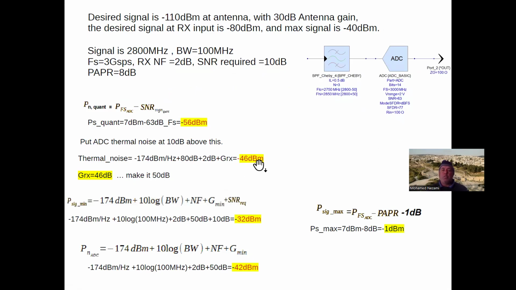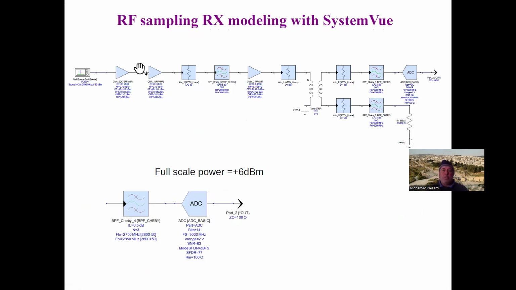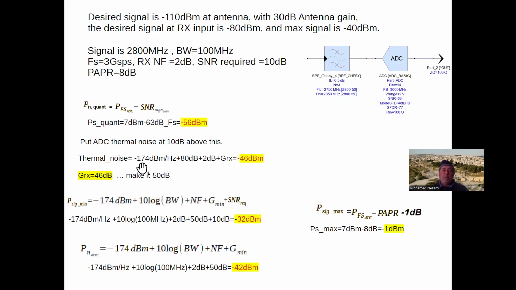So at minus 46. Right away, what that says is I can size up the overall receiver gain. I'm coming in here saying minus 174 dBm per hertz. I have to add to it, of course, integrated over the 100 megahertz bandwidth, plus the noise figure, and plus the gain, and that should equal minus 46 dBm, which is the thermal noise in here.